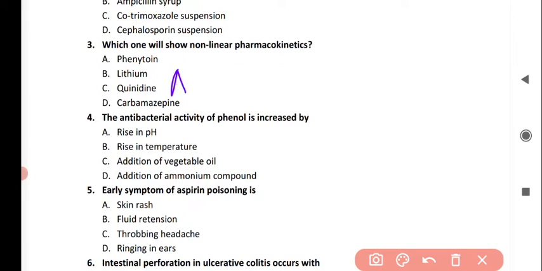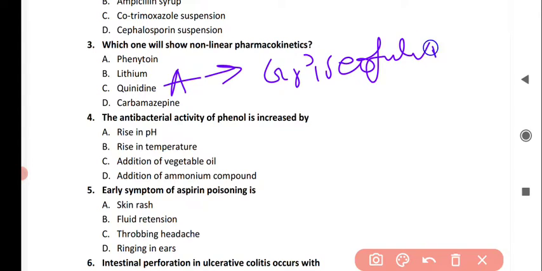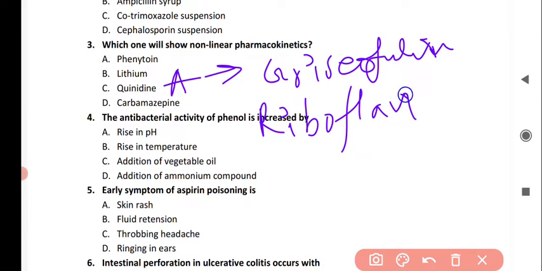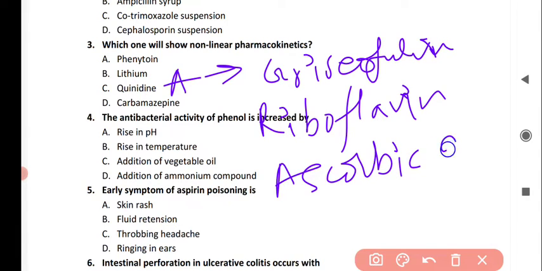If I talk about drug absorption, the different drugs which cause non-linearity due to drug absorption include griseofulvin, riboflavin, ascorbic acid, and propranolol.